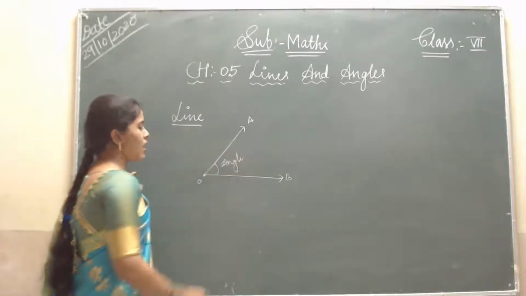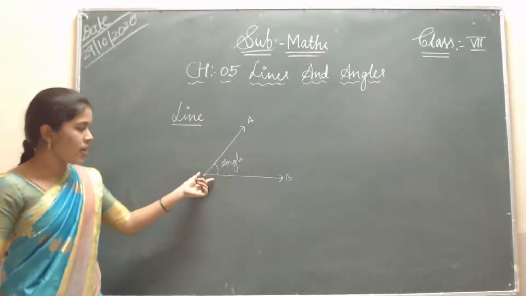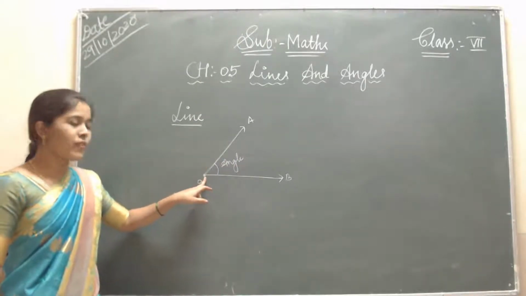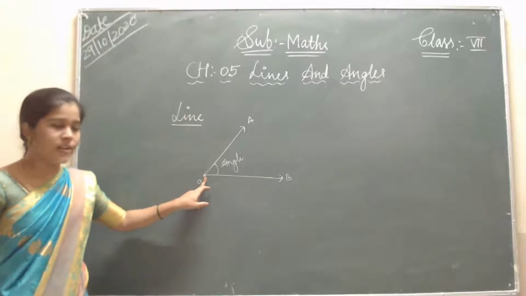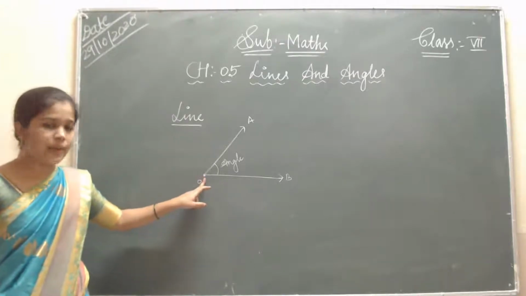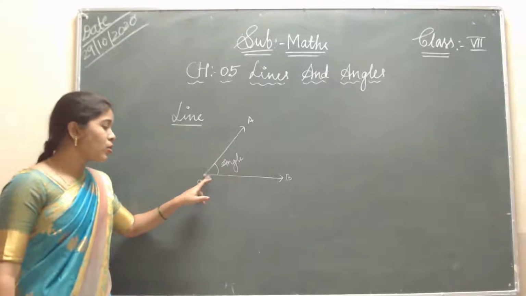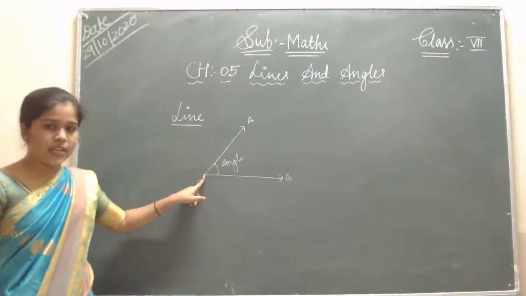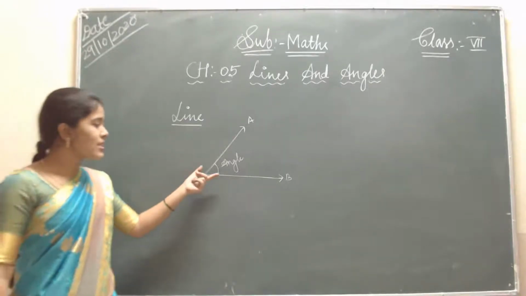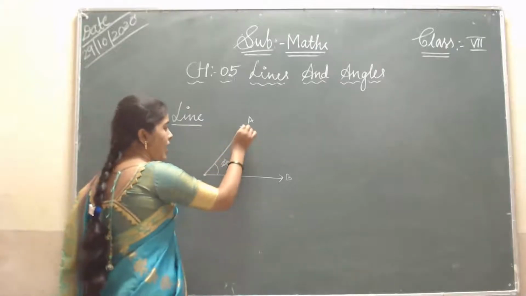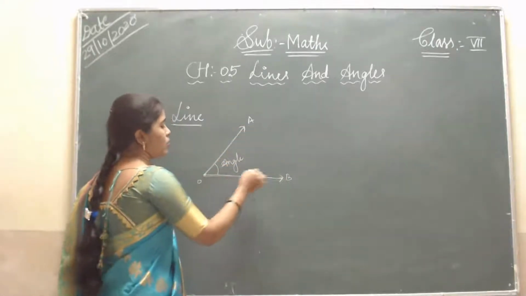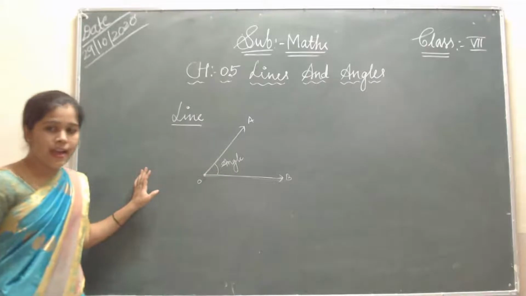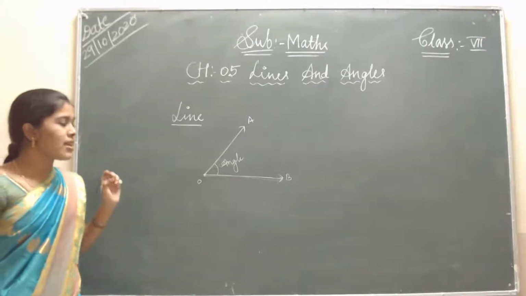Two rays from an initial, or starting, point. Initial means starting point. So two rays meeting at one point, that is O, form an angle. Understood?